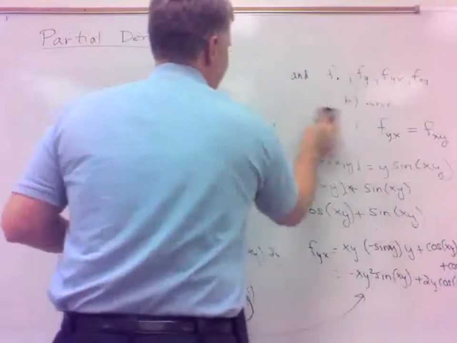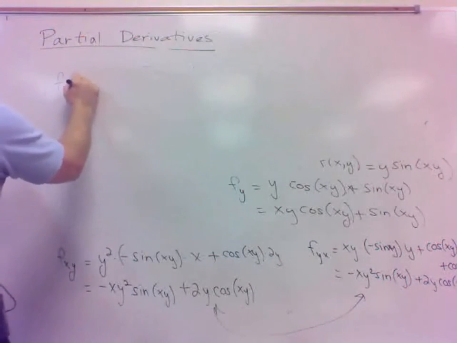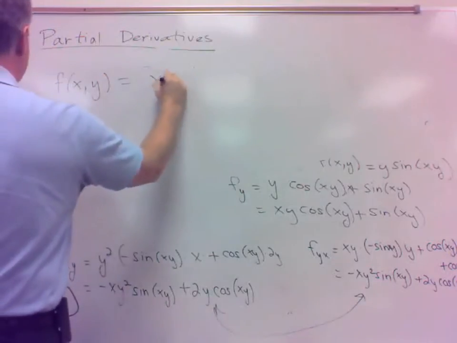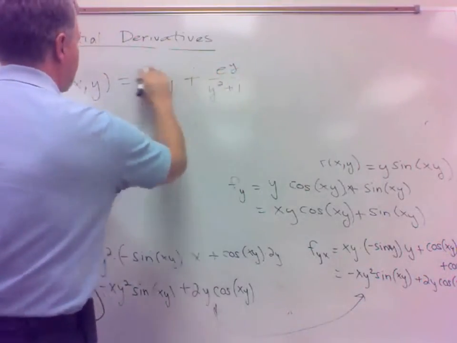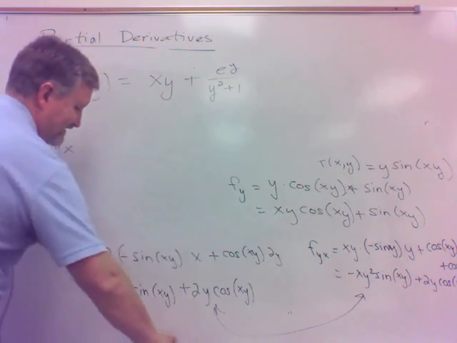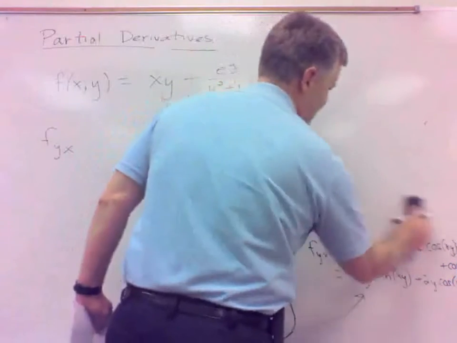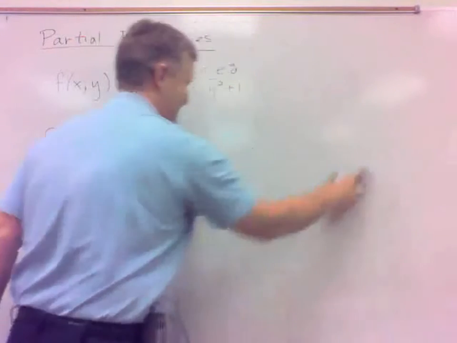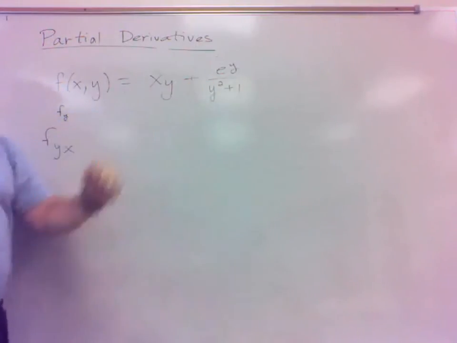But yeah, look at this one, for example. Say I've got f of xy equals xy plus e to the y over y squared plus 1. Well, if I want to know fyx, that's going to be hard. Because, notice, I would first of all need the partial with respect to y, and so I'm going to have to use the quotient rule on that.